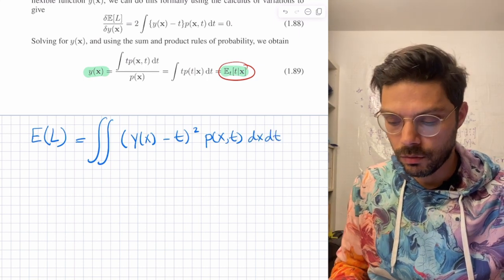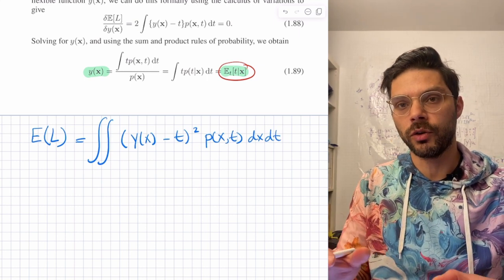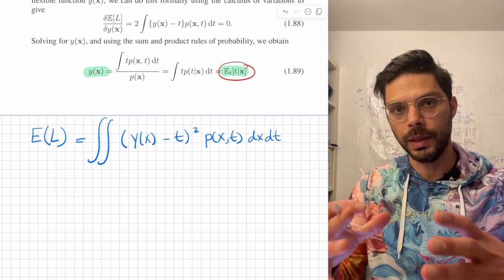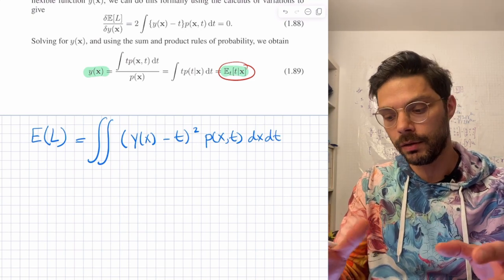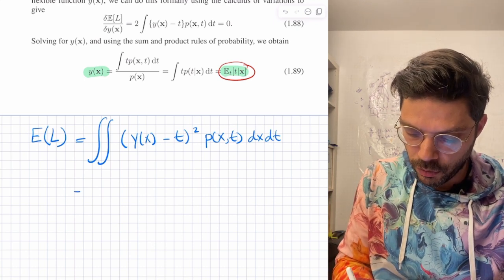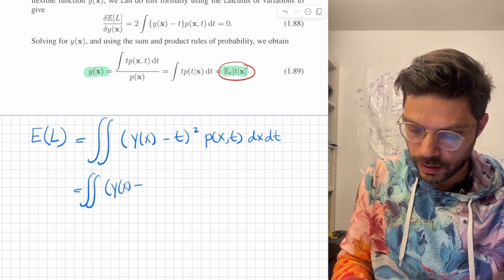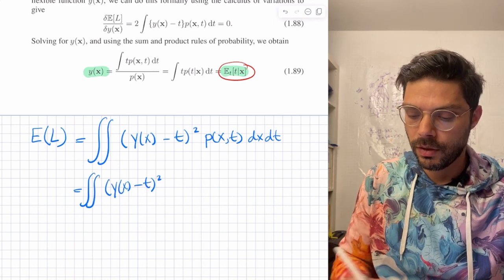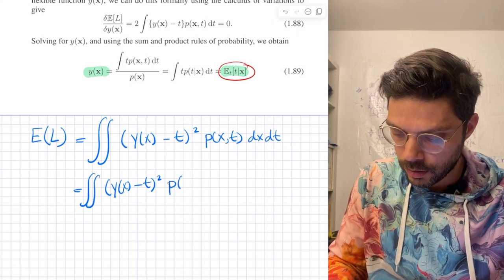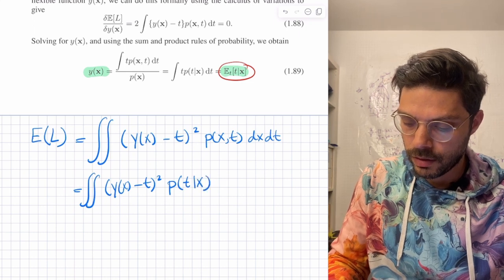What we want to do is write this as an integral over x, and then we'll be able to minimize the thing that's being integrated at each point. So the loss is exactly as before. Now let's use the product rule, so this is going to be p of t given x, p of x.